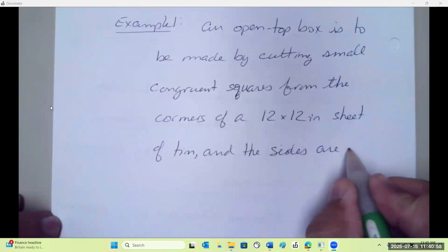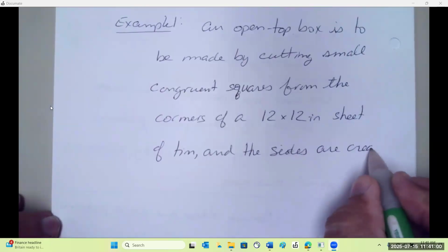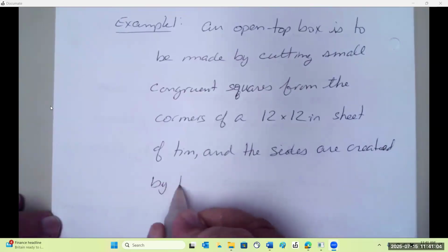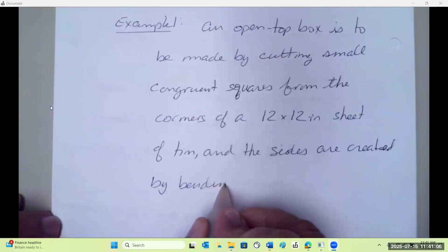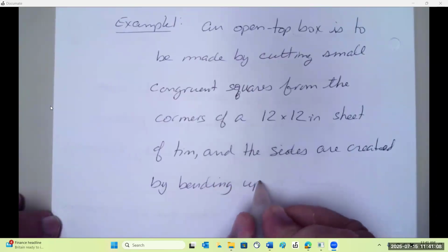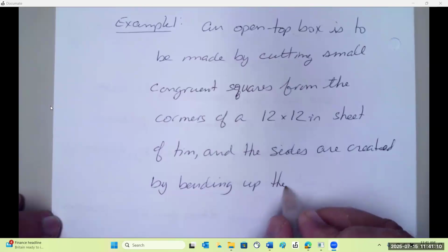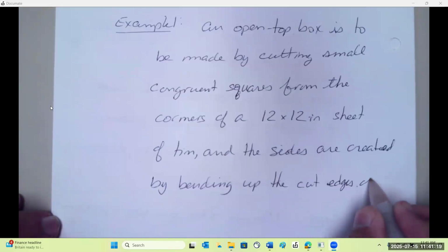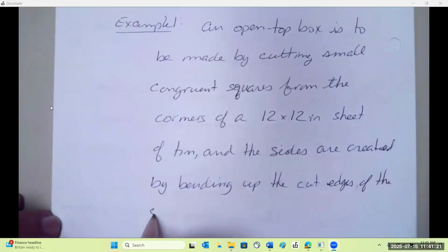And the sides are created by bending up the cut edges of the sheet of tin.